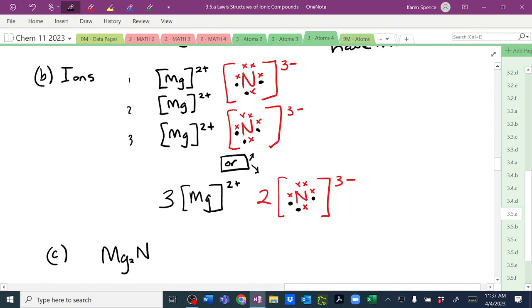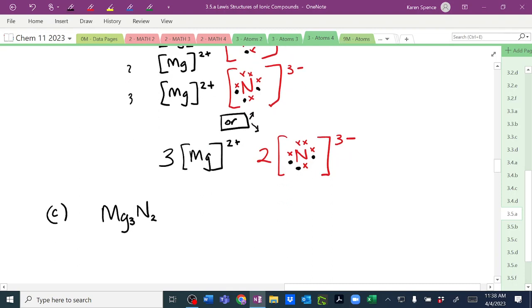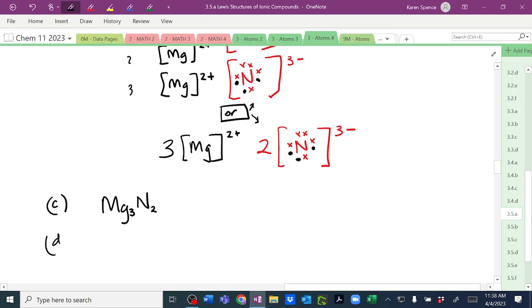So I'm going to put my little 3 down beside magnesium. And I should have 2 nitrogen, so I'm going to put my little 2 beside nitrogen. And then the name becomes, remember, we do not change the name of the metal, but we do change the name of the nonmetal: nitride. Okay. And there we go.